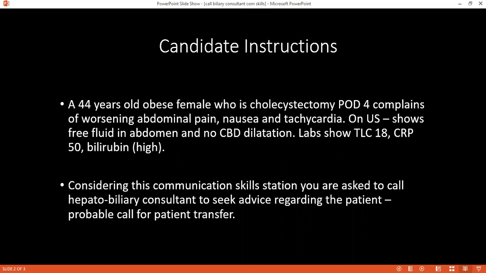Injury to any of these structures or slipped clips could lead to this leakage. Okay. You did a laparoscopic cholecystectomy? Yes, a laparoscopic cholecystectomy was done.